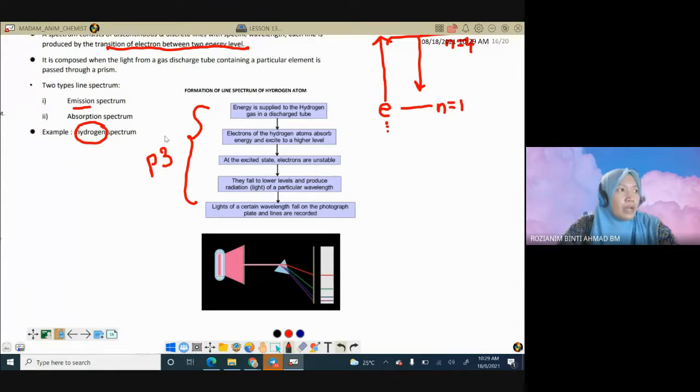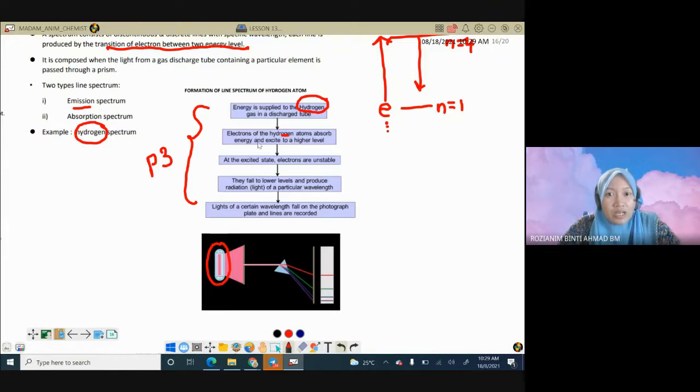Apa postulate nombor 3 kata? Okay, when hydrogen atom kita masukkan ke dalam kita punya apparatus, kita panggil dia discharge tube. Hydrogen element kita masuk dekat sini, kita pass through melalui prism. Okay, kita switch on the light ataupun kita switch on the apparatus. Hydrogen ada elektron.